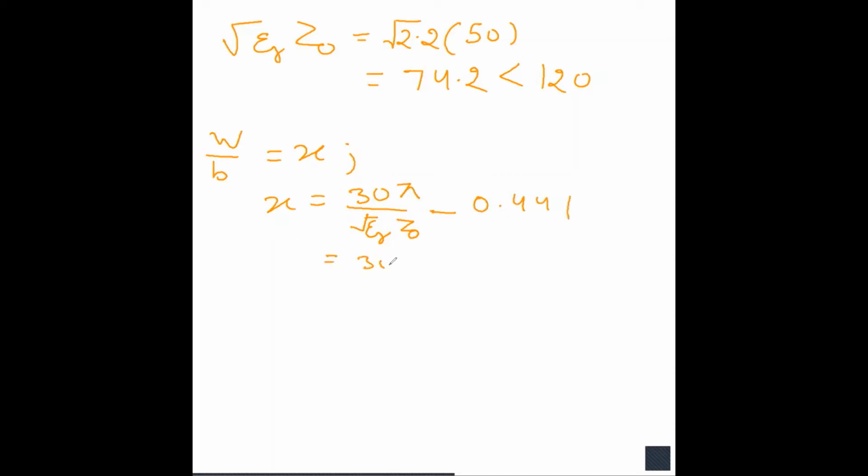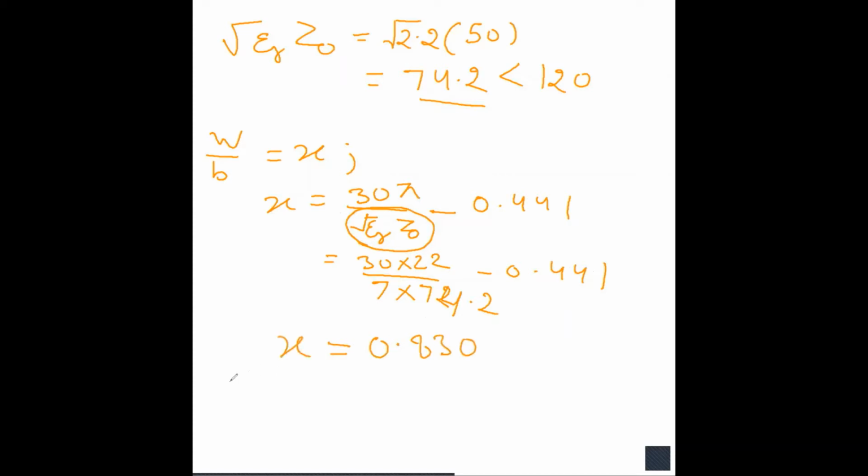Now 30 into 22 upon 7, and the value of under root epsilon R into Z naught is 74.2. So we will put this value here, 74.2 minus 0.441, and we will get 0.830. This is the value of X.